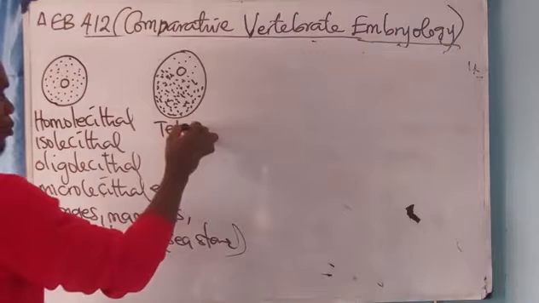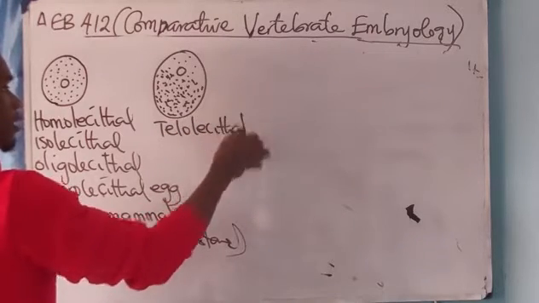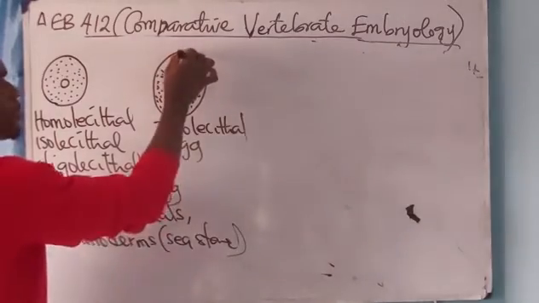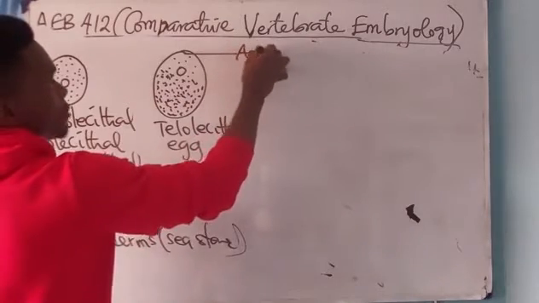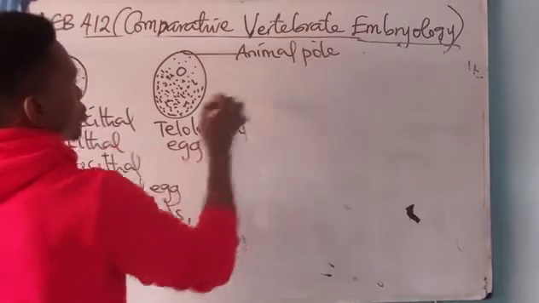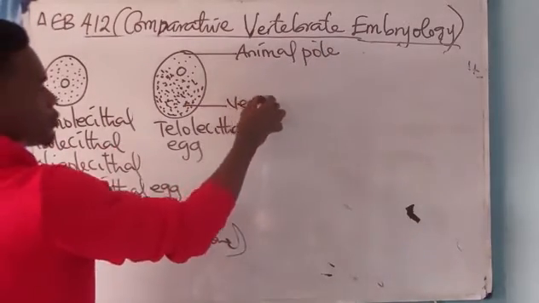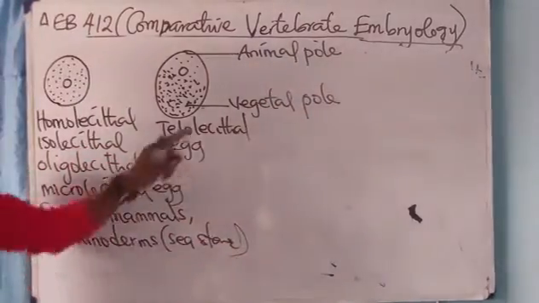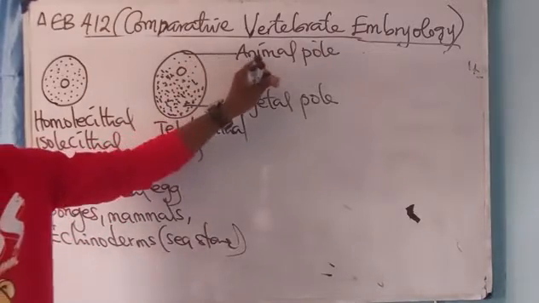A telolecital egg. Telolecital what? Egg. This spider has few yolk, sorry. We call it what? Animal pole. This part having a lot of yolk is called what? Vegetal pole. Okay. Vegetal pole has a lot of yolk in it, while the animal pole has few yolk in it.